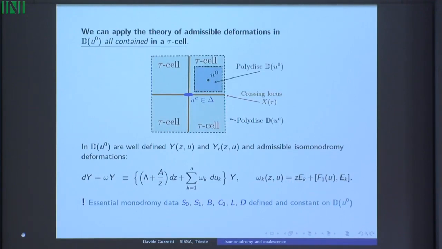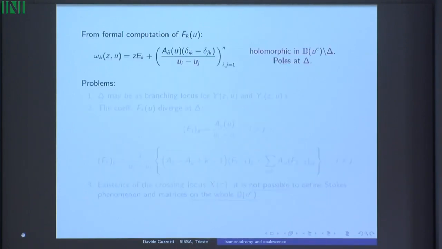F1 is the first matrix in the formal expansion at infinity, and E_k is a matrix with zeros everywhere, except for the entry in position kk. Anyway, here we can define well-defined Stokes matrices and all the other monodromy data, which are constant in this cell.